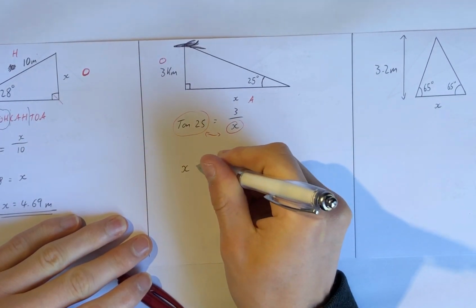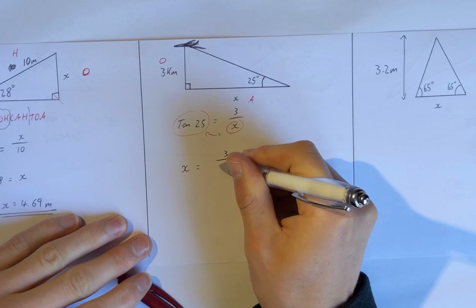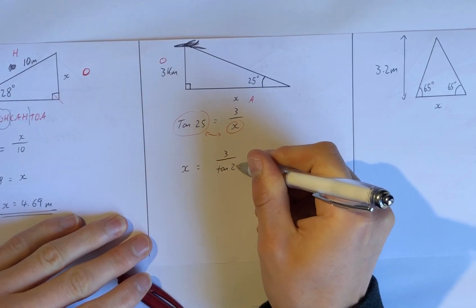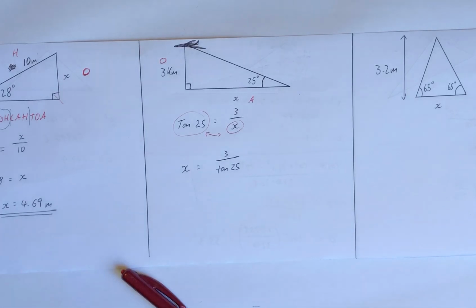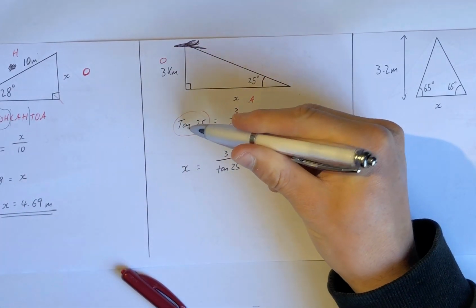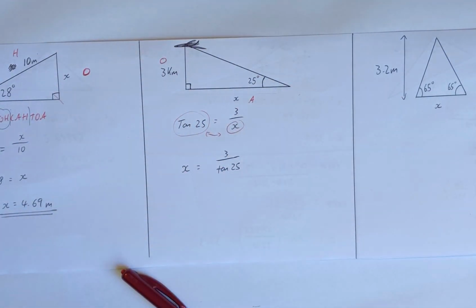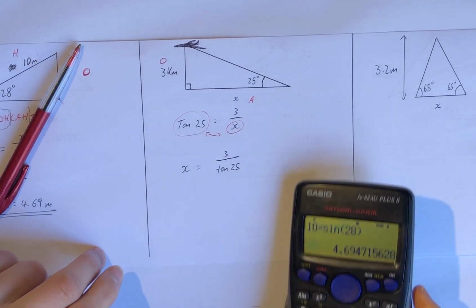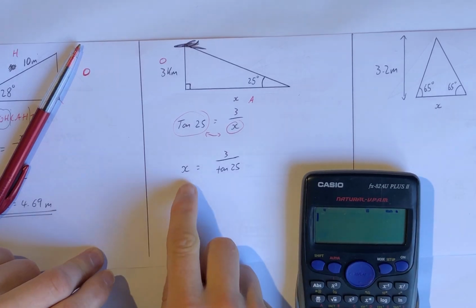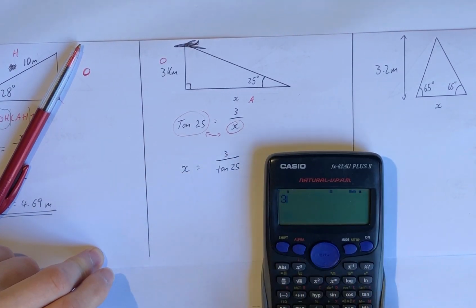So we can go x equals 3 over tan 25, and there's no particular reason why I switch between the capital and lowercase, but it's something I seem to do. Might be because I'm thinking that's a start of a sentence or something. So if we were to put this in a calculator, it'd be 3 divided by tan 25.